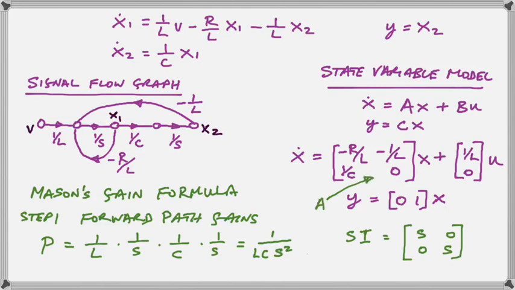Now, we need to take the A matrix and do some stuff on it. But first, we show you how to find S times the identity matrix. We multiply S by the identity matrix, and the result is with S in the diagonal as shown.